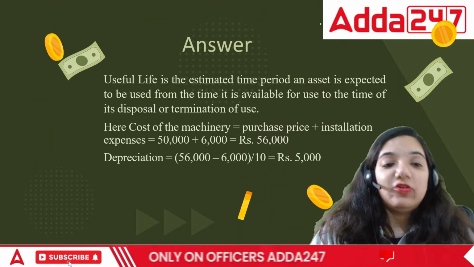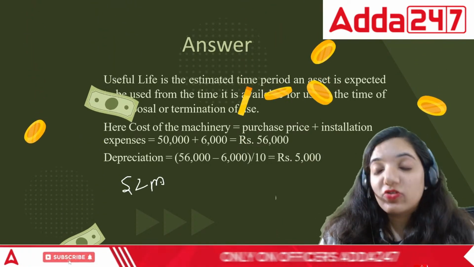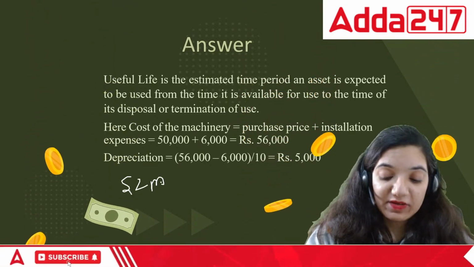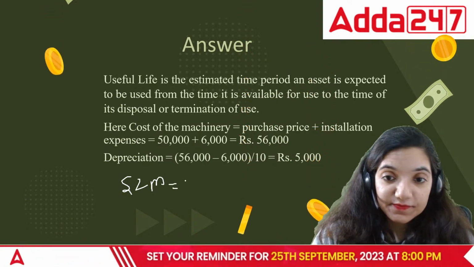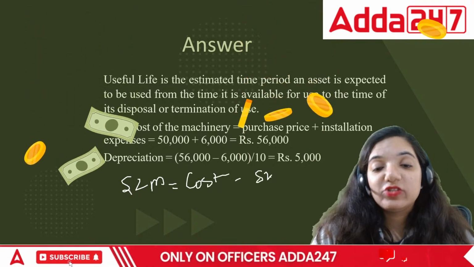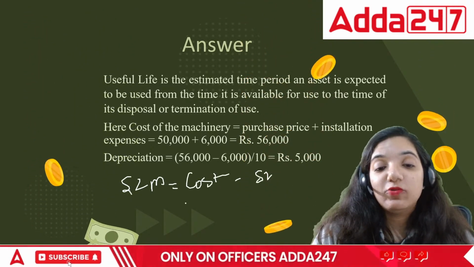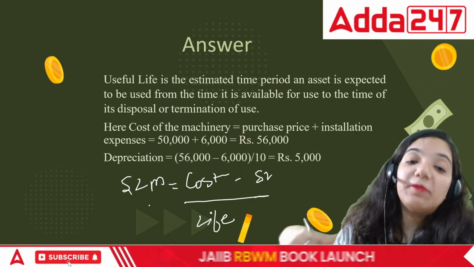Always remember, the straight line method is also called the original cost method, also called the fixed installment method. Under this method, we have cost minus the salvage value, scrap value, or residual value, divided by life. This is the method through which you can find the amount.